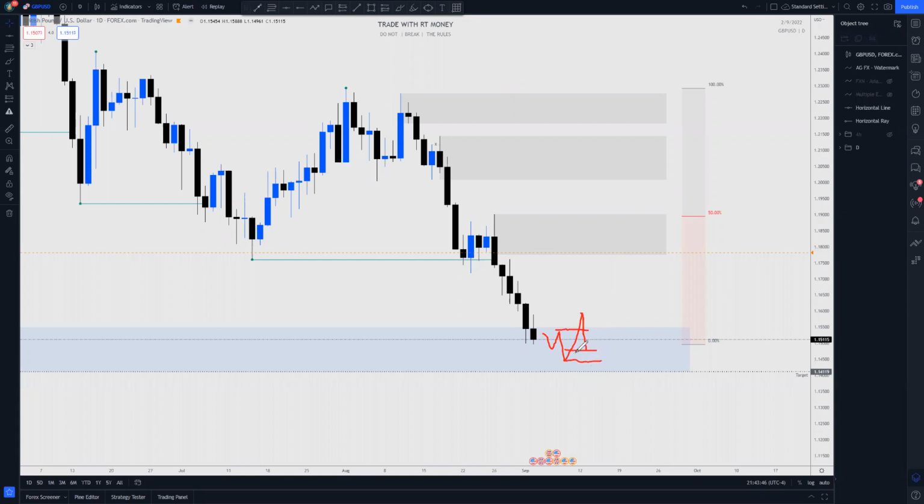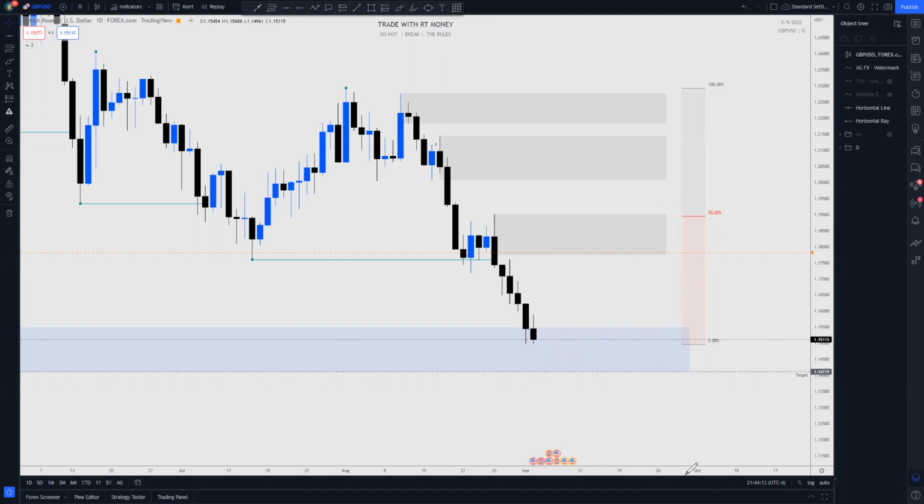That'll usually be somewhere around the bottom of that impulse, the origin, if you will. And we can look towards taking a pretty high probability counter trend trade up to this opposing supply zone. That would be the limit of that drive.